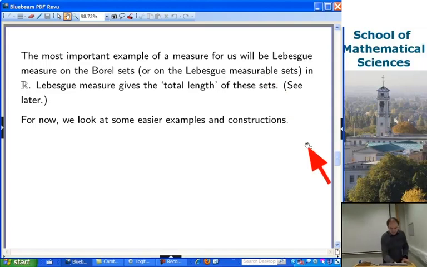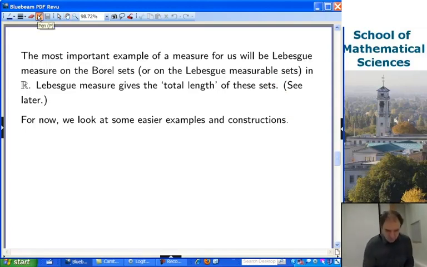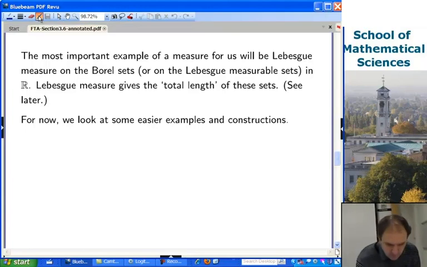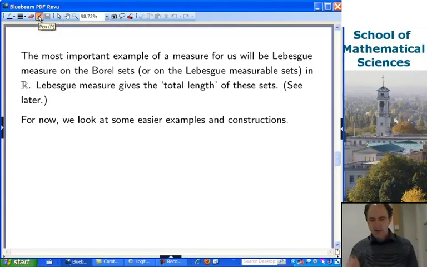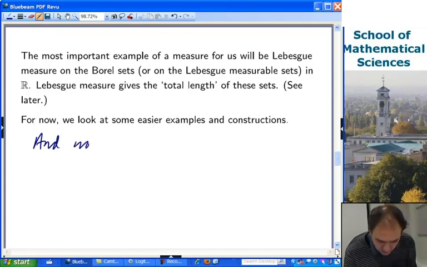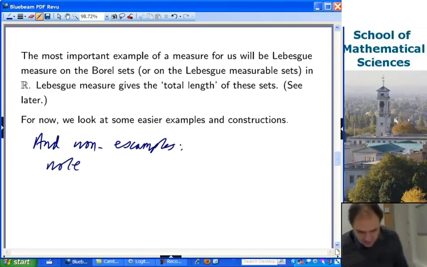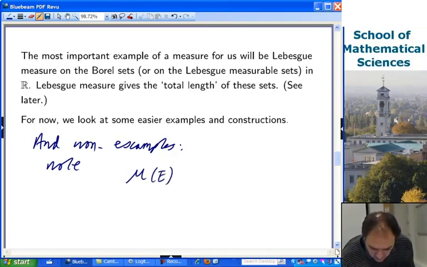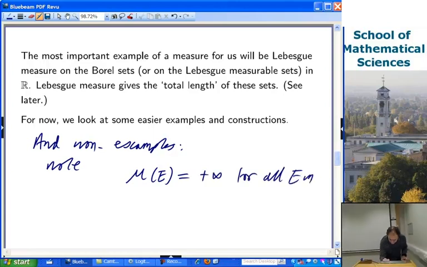Okay, let's have a look at some easier measures then. Examples and non-examples. So note that if you say mu of E is equal to plus infinity for all E in F, it satisfies 2 but fails 1.